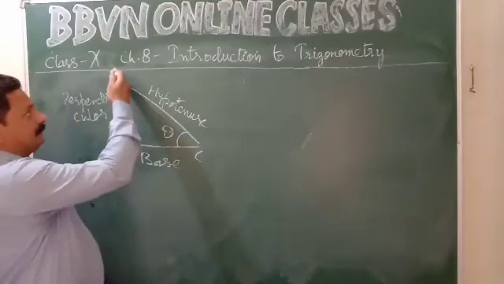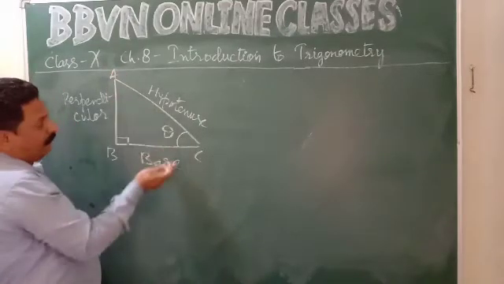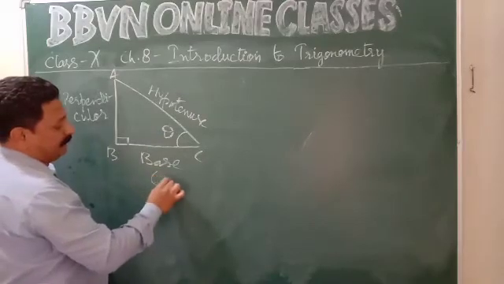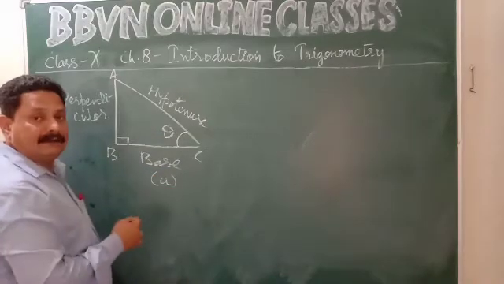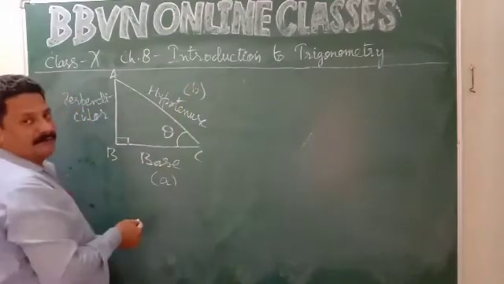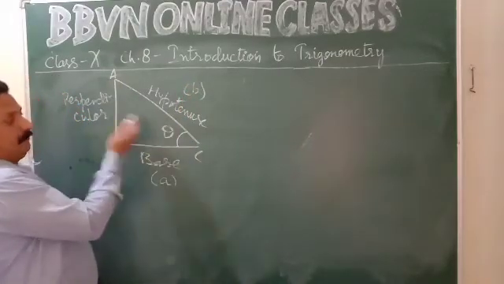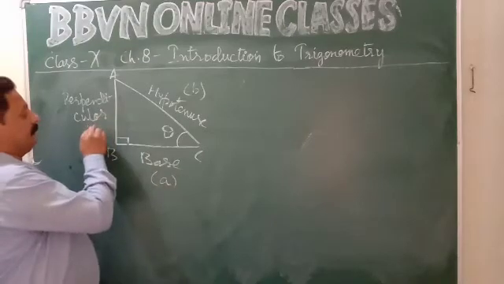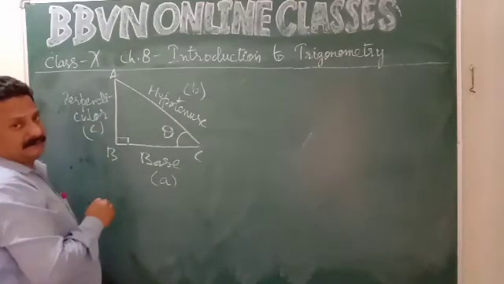So for instance, the side opposite to vertex A, I consider its length as A units, this hypotenuse of length B units, and the side AB which is opposite to vertex C, I consider its length as C units.